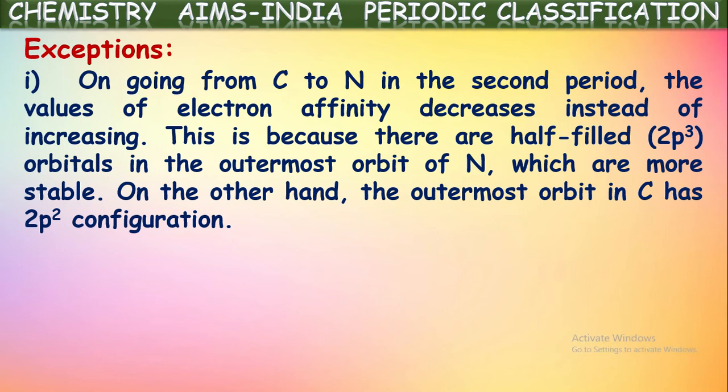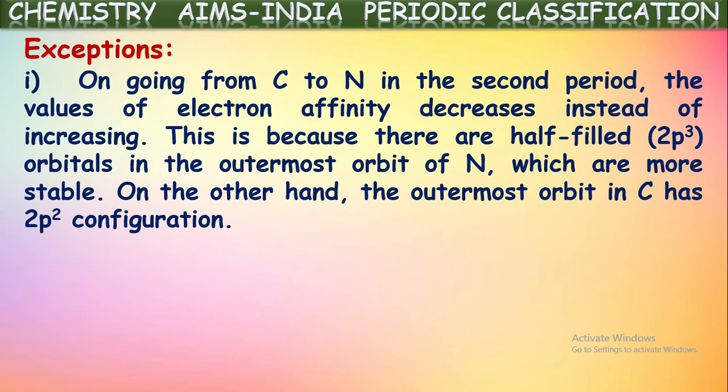On going from carbon to nitrogen in the second period, the value of electron affinity decreases instead of increasing. What we said is that in a period from left to right, electron affinity increases. But in the second period, from carbon to nitrogen, instead of increasing, it decreases. This is because of the half-filled electronic configuration in the outermost orbit of nitrogen.